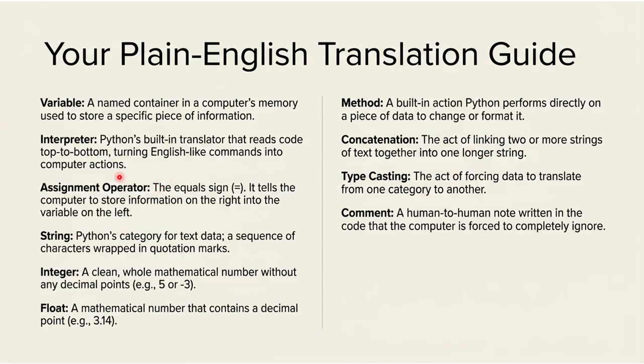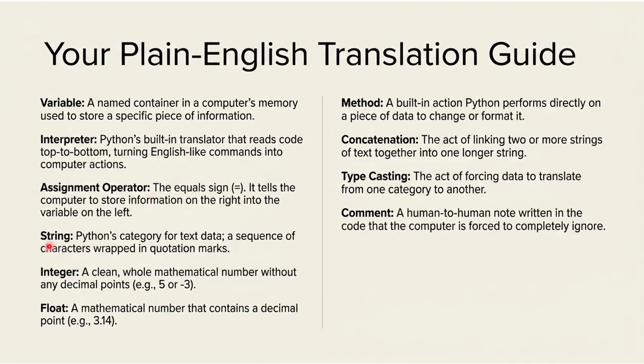Next, let's move on to the assignment operator. What is an assignment operator? It's a single equal to symbol. What is it used for? It is used to store the information on the right side of the equal sign into the variable that is on the left side.